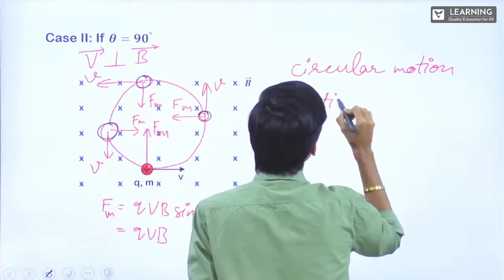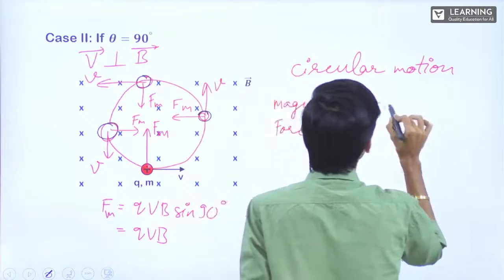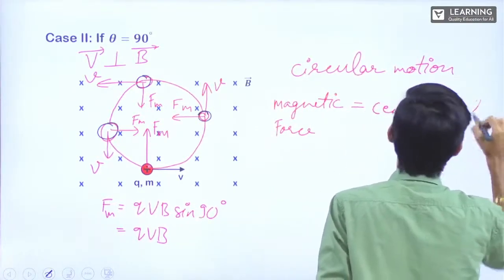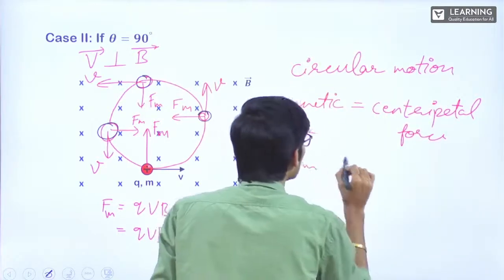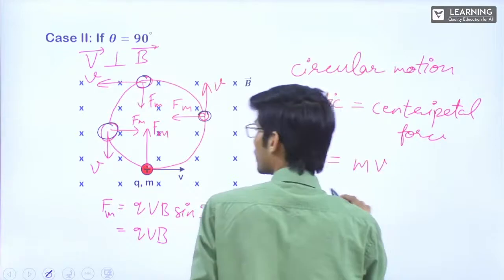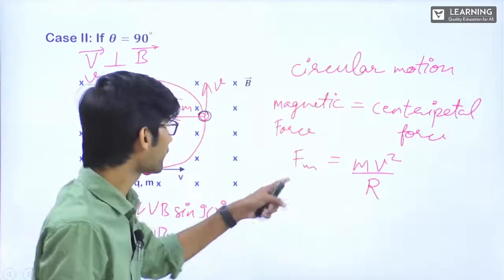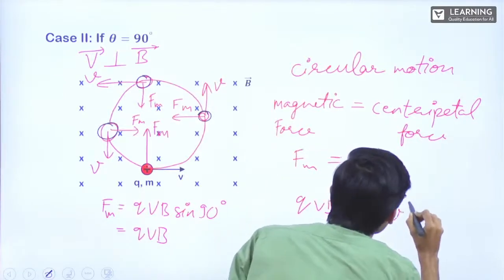magnetic force is equal to centripetal force. So Fm is equal to mv square by r. What is Fm? QVB is equal to mv square by r.